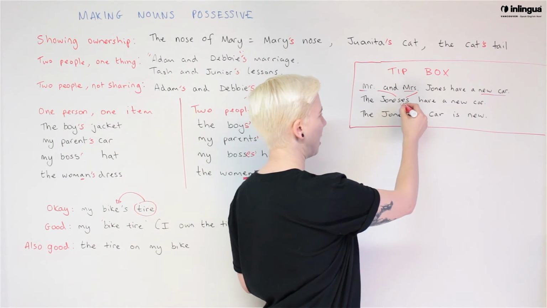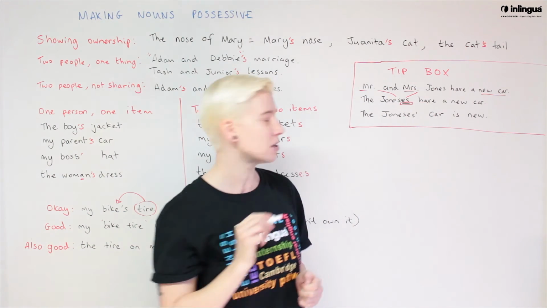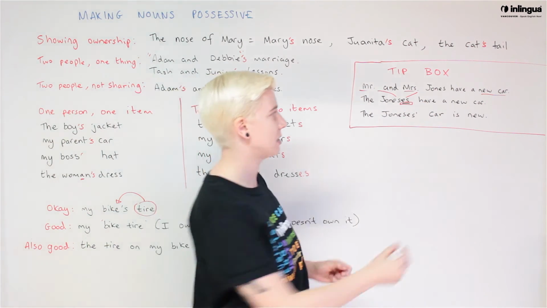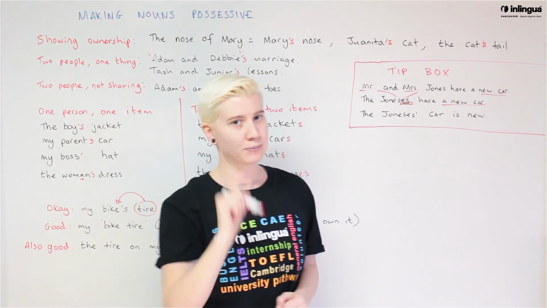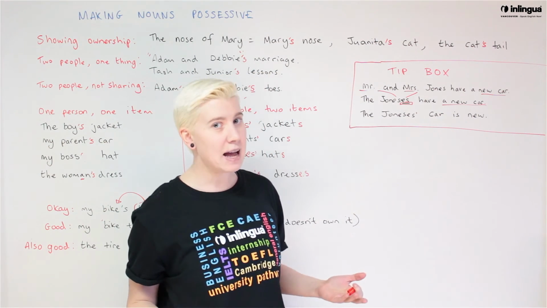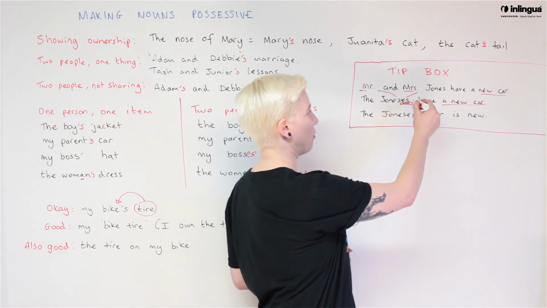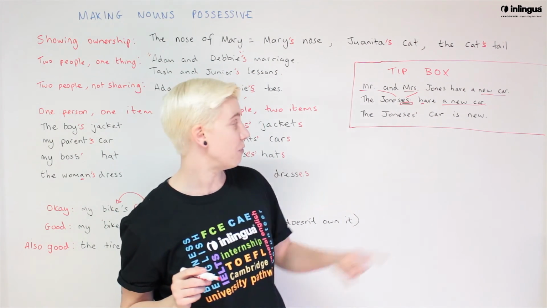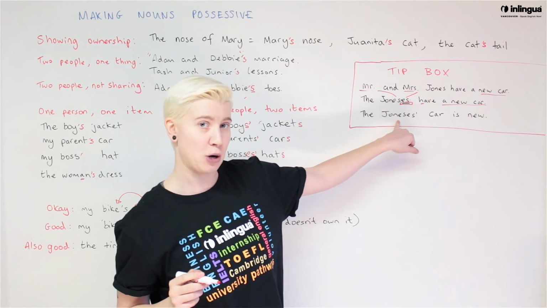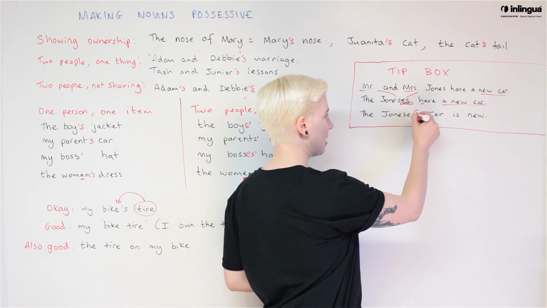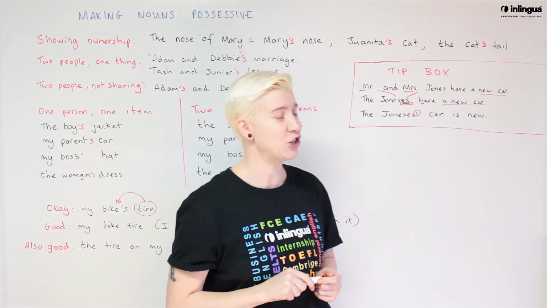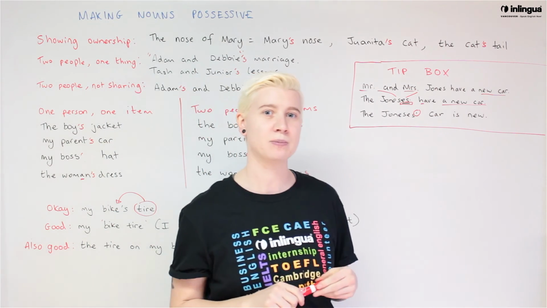If you add ES on the end of Jones, you can make it into a plural form of their name. The Joneses have a new car, one item. And we've got subject, verb in this sentence. But if we want to make it possessive, we can take this word, the Joneses, add our apostrophe, and then the car belongs to them. The Joneses' car is new.